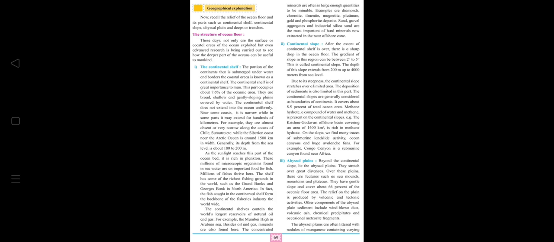The abyssal plains are often littered, here and there, with nodules of manganese, containing varying amounts of iron and nickel.